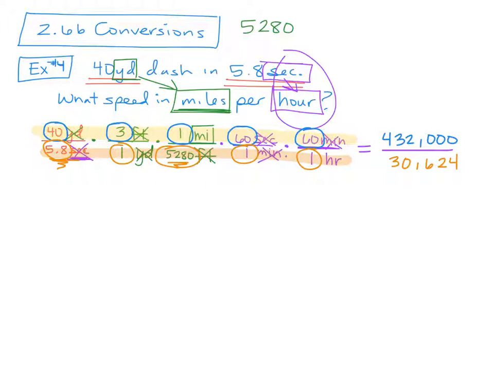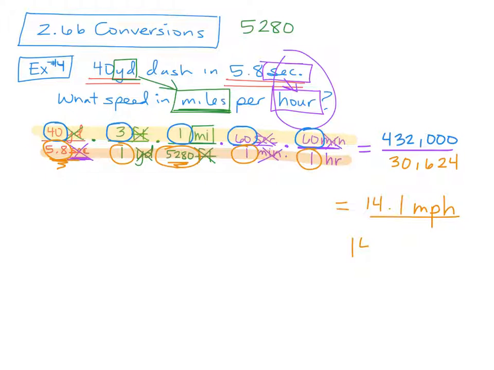That is not pretty. That doesn't tell us anything. We don't know what that is as a speed, right? What do you think you do with that? You divide it. So you're going to go 432,000 divided by 30,624, and you get this. Okay, we're going to round to the nearest tenth, 14.1 miles per hour.